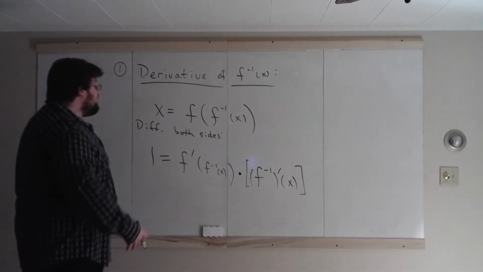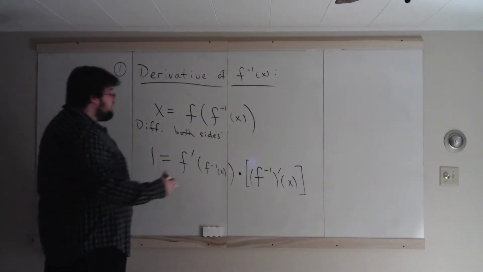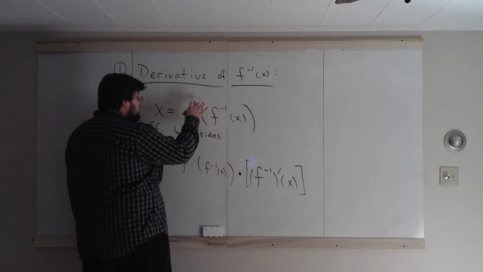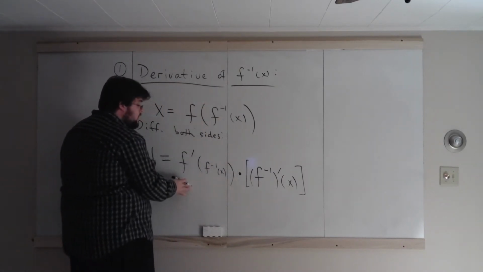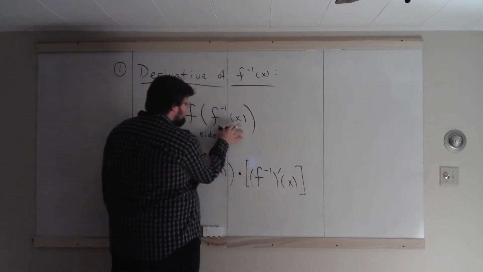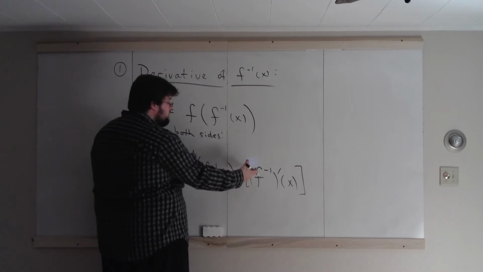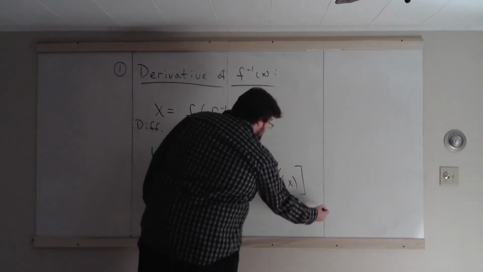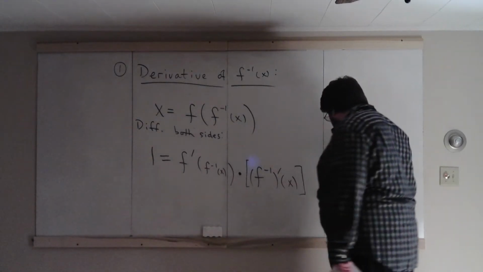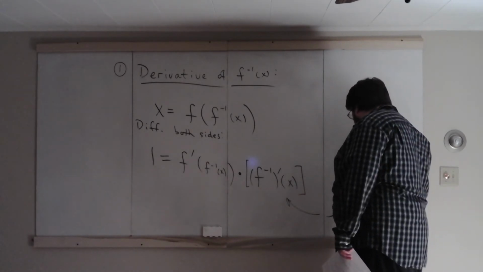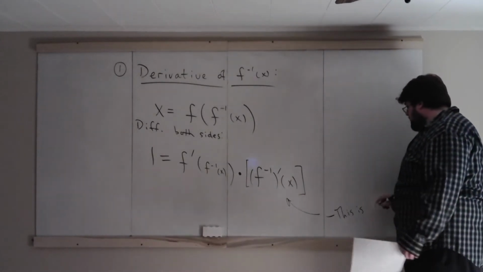So right here on the left side, derivative of x is 1. Derivative of the right side is the derivative of the outside function, which we have here, then times the derivative of the inside. Notice the derivative of the inside is the derivative of f inverse. So right here, I'll just put an arrow and say this is the derivative of f inverse.